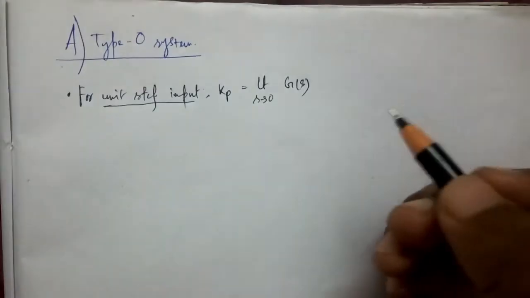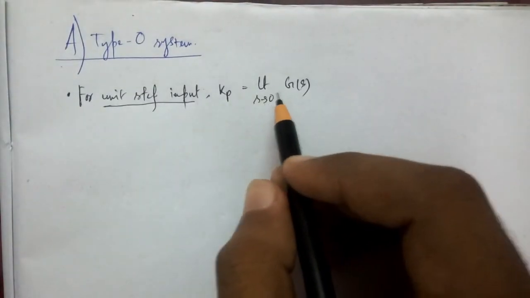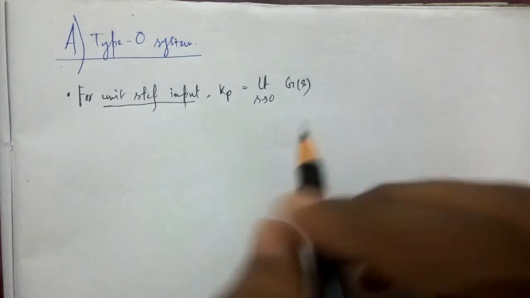For unit step input, we know Kp is equal to limit s tends to 0 of G(s).